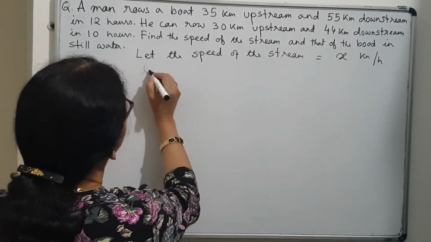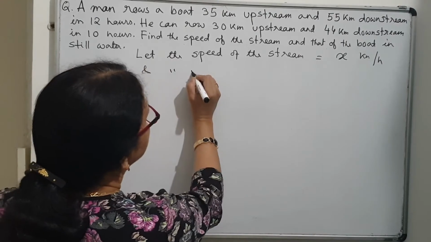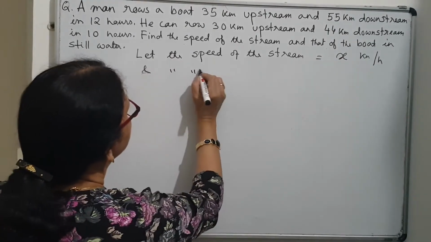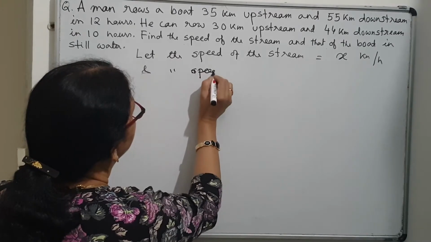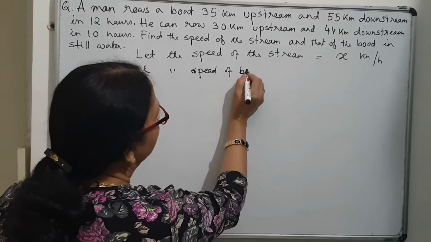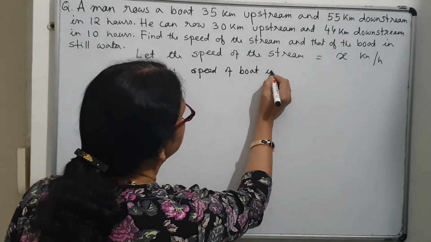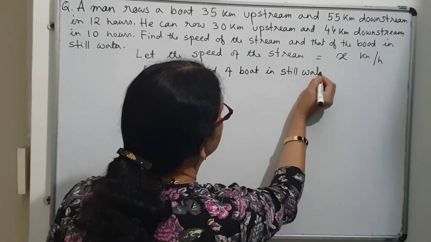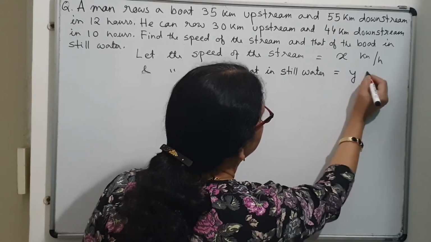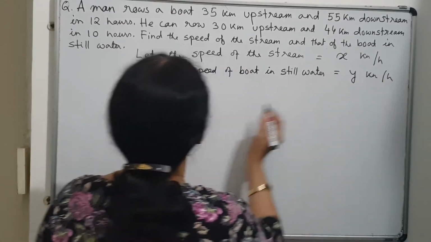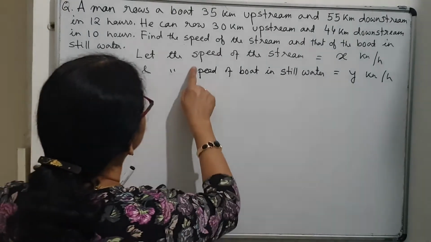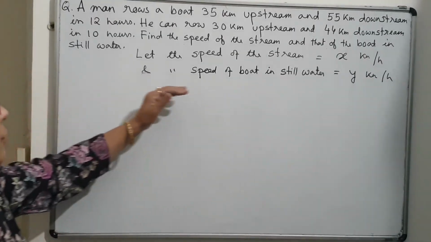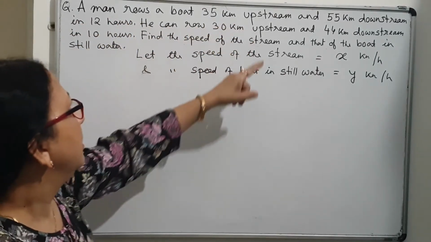And next you have to find the speed of the boat in still water. We take y km/h. So after defining the variables, now we'll go to the question.